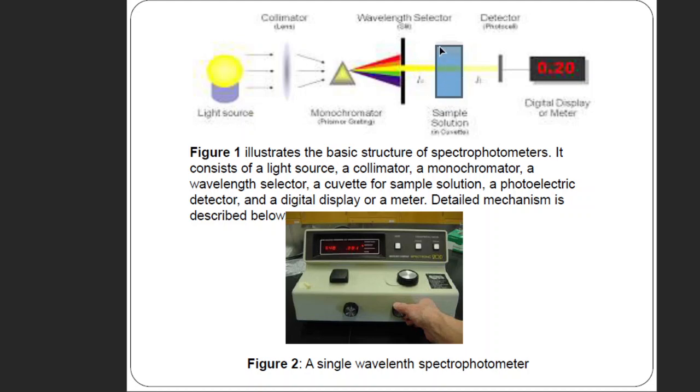Suppose we replace this solution with the second tube, where you have added double the quantity, that is 2 grams of sugar or your dye. The path length is constant again, 1 centimeter. What will happen? In this tube there is an increased quantity of the chromophore group: instead of 10 there are 20.